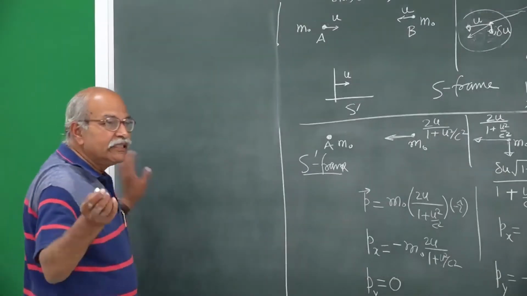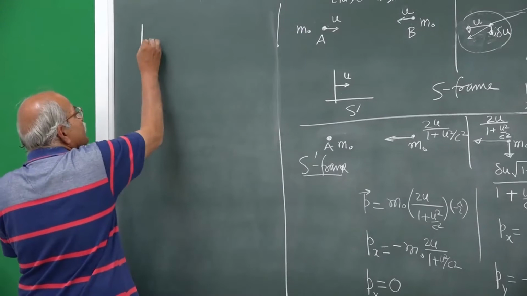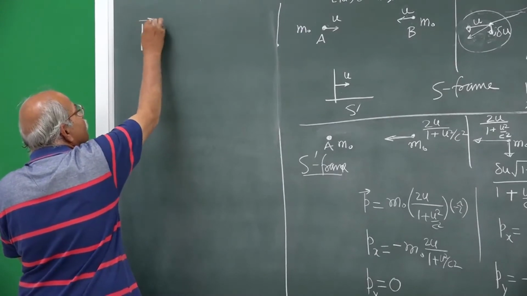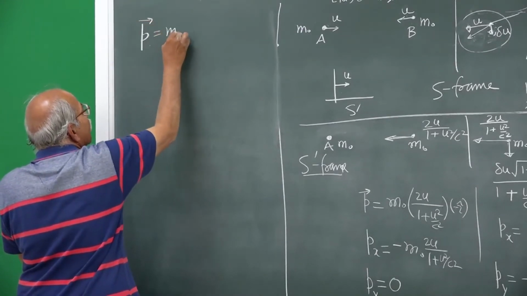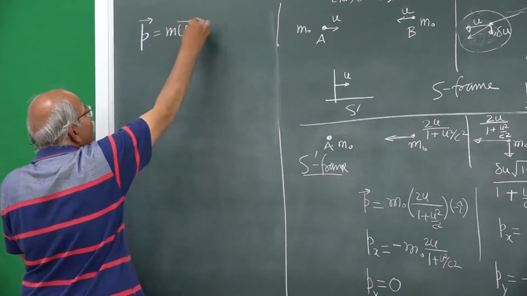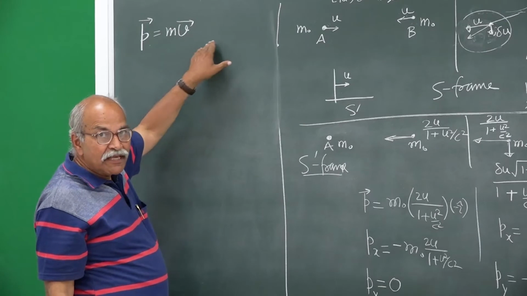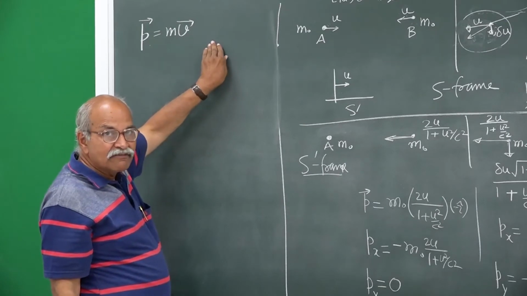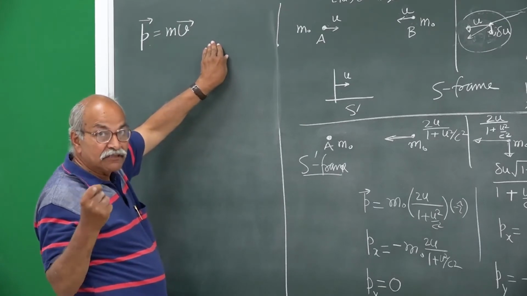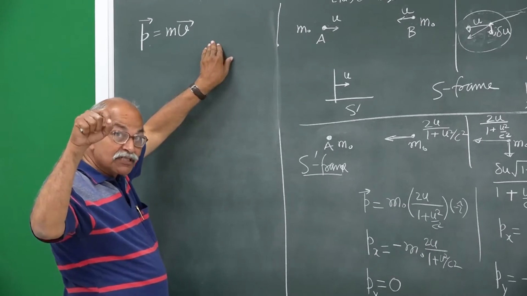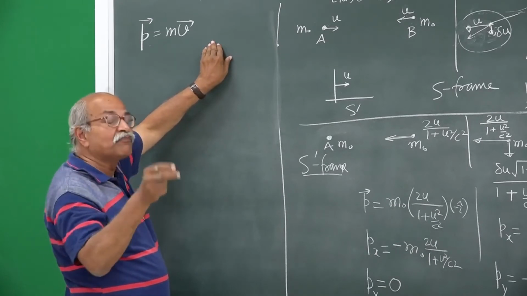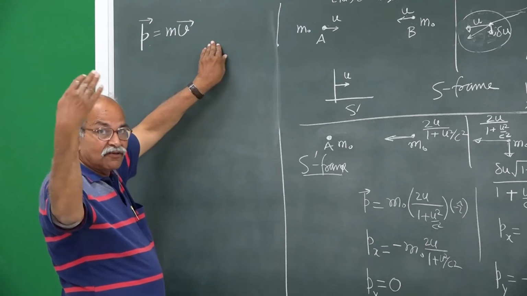The linear momentum as we define in classical mechanics, Newtonian mechanics, is p equal to mass times velocity, and we modify it by multiplying a factor which will depend on the speed, because it is the speed which is crucial. Low speed works, high speed does not work.